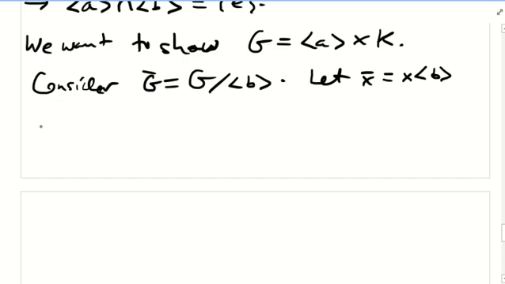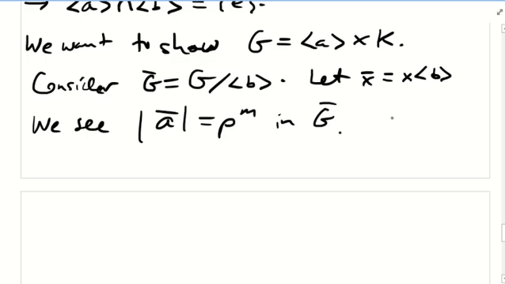Okay. So then we see that A bar must have maximum order in G bar, and this would be because else A bar to the P to the M minus 1 would be the identity in the factor group, right?